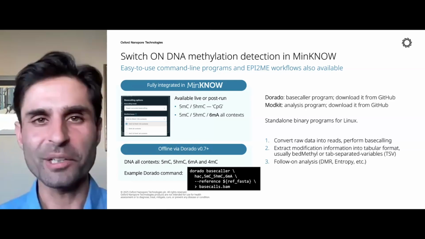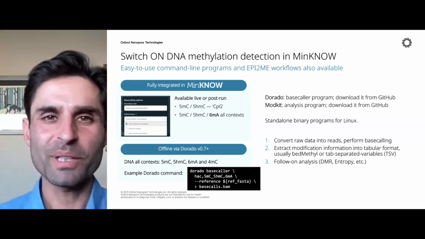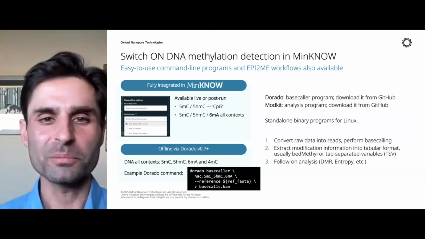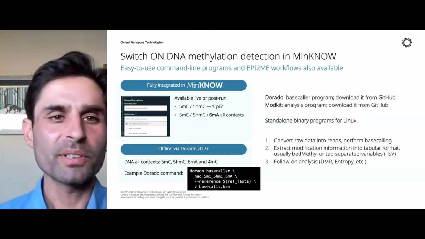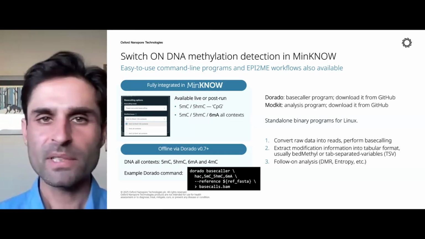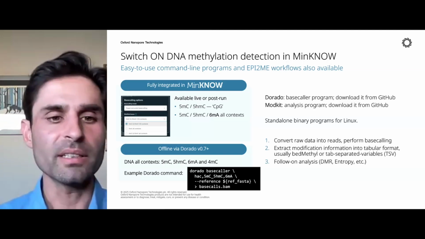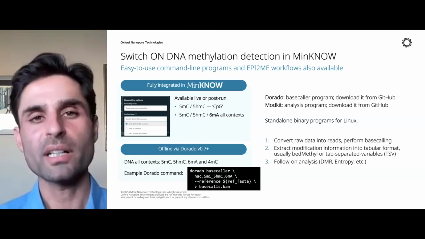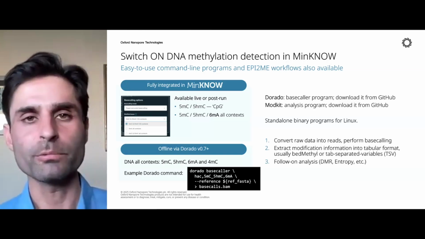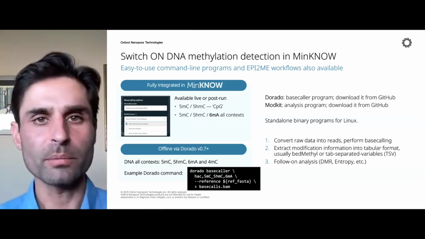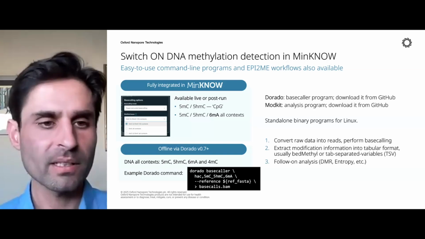The way I like to tell people is, even if you're not detecting methylation, you are detecting methylation, because it's just part of how the whole system works. So, if you're using MinKNOW, you just pick which methylation models you want to use. And then if you are doing base calling or some kind of post hoc analysis where you need to rebasecall or redo methylation detection, you can do that on the command line with our program called Dorado.